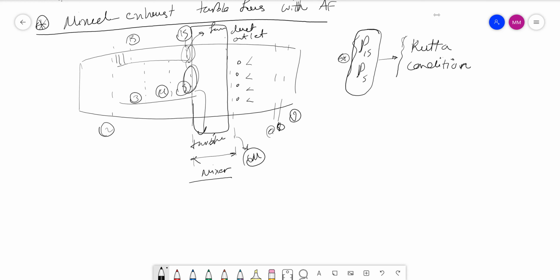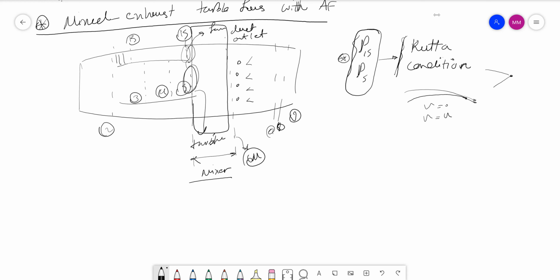If you recall, the Kutta condition told us at the trailing edge, when you have a trailing edge of an airfoil, the velocities must be 0 or must be equal, depending on the situation of the airfoil, right?